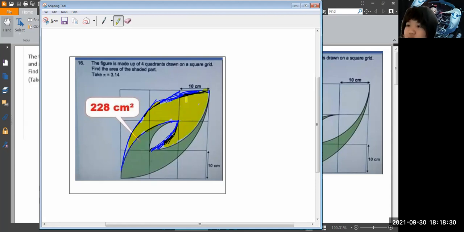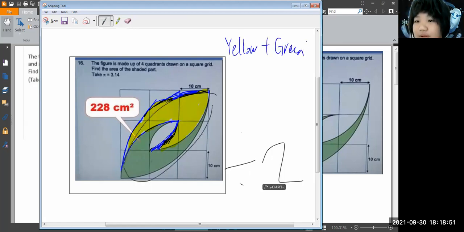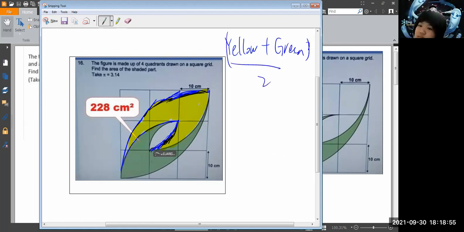In order to find the area of the shaded region, you just need to find this entire yellow thing, divided by 2, and then minus this. So I think it's easier if you take yellow plus green divided by 2.